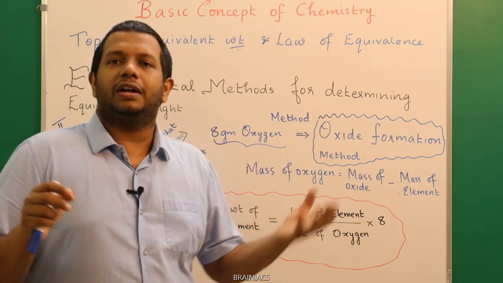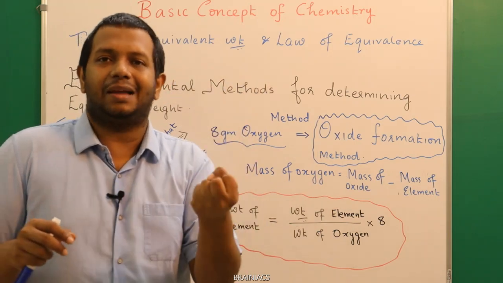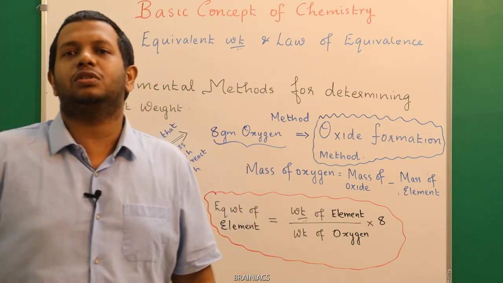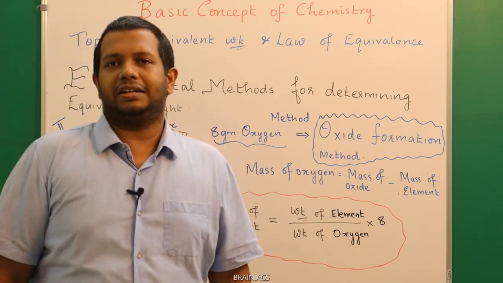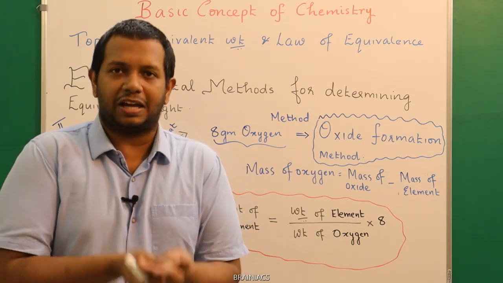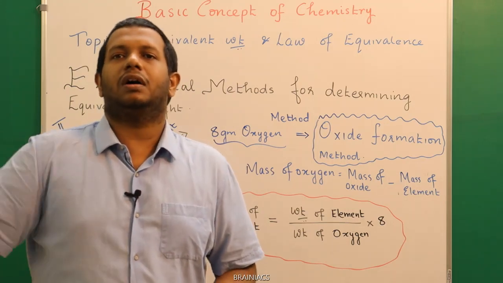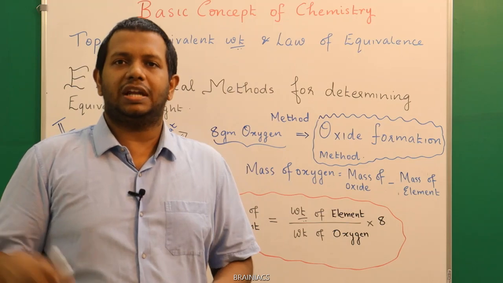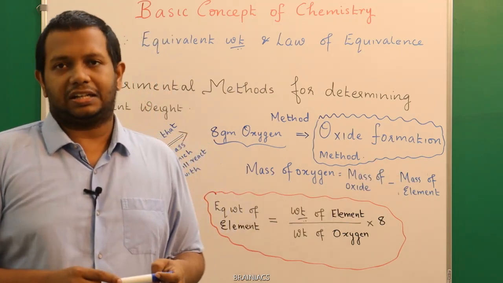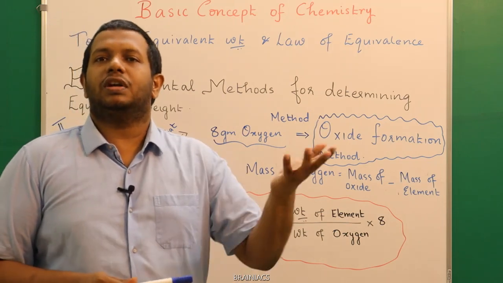Now you reacted this element with oxygen, so that element will combine with oxygen to form element oxide, correct? So you now know initial weight of the element. Now you have reacted with oxygen and you know the final weight of the oxide, correct? So final weight of the oxide also you know.